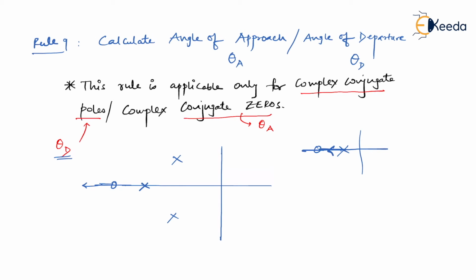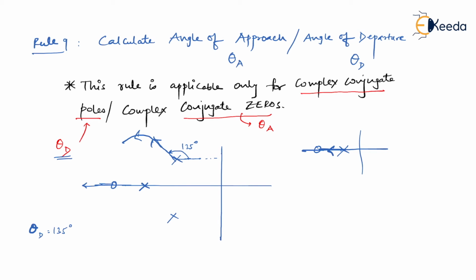For example, let us say the angle of departure is 135 degrees. Then I'll take an angle of 135 degrees here, and I will show that my root locus is leaving this pole with this angle, that is 135 degrees. I hope you understand that.